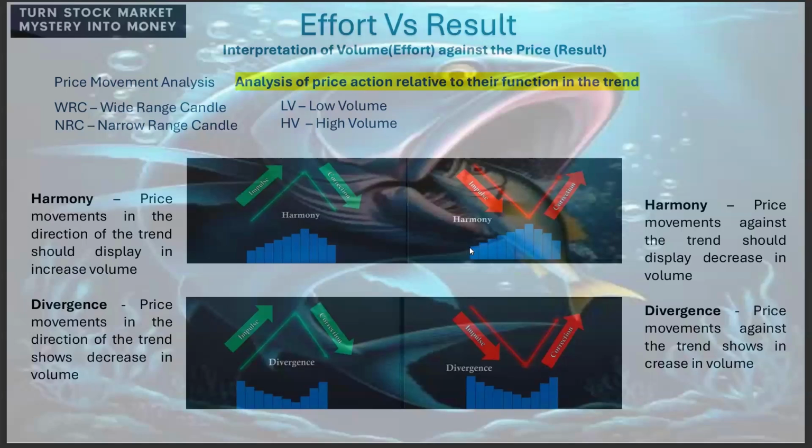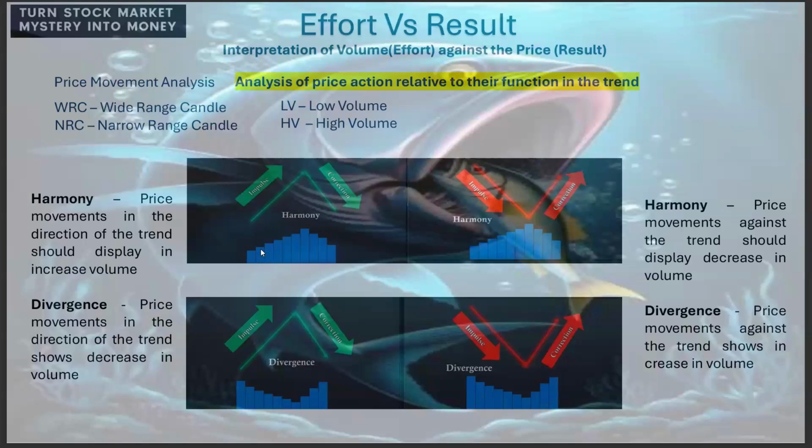But when the price goes high and volume goes down, this is a divergence. How can this happen? If you apply logic, when the price goes up without proper volume support, that means weak hands are playing here and no strong hands are coming into the picture.